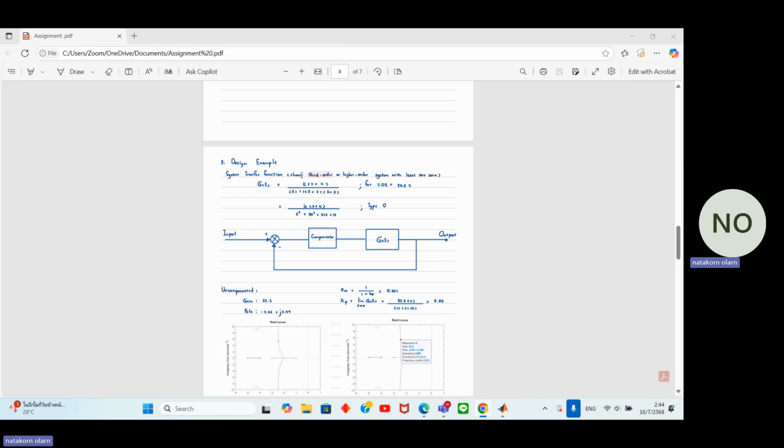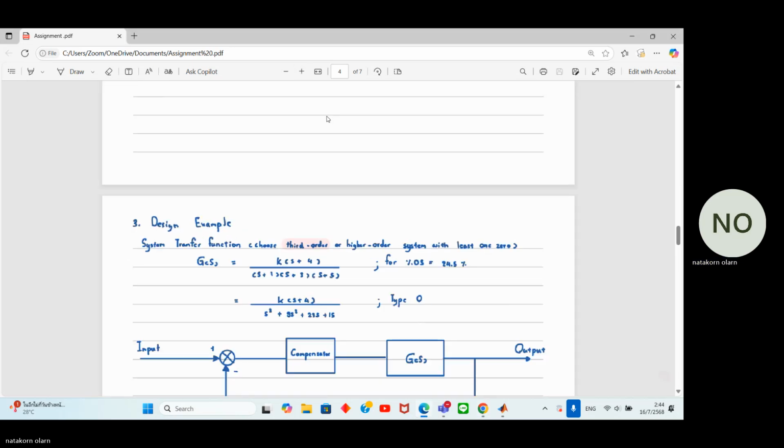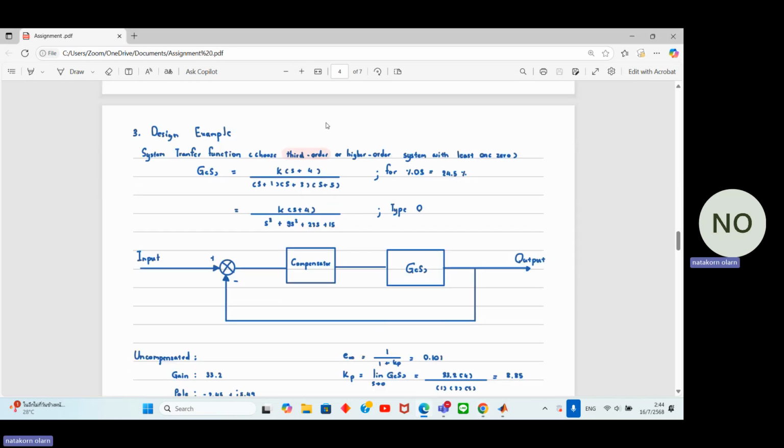So this is my selected transfer system, which is a third order, type 0 system.